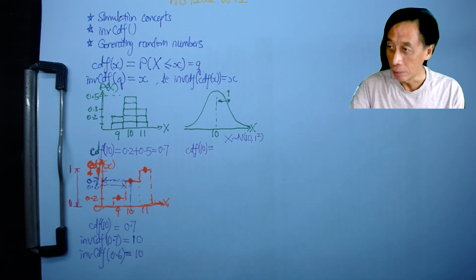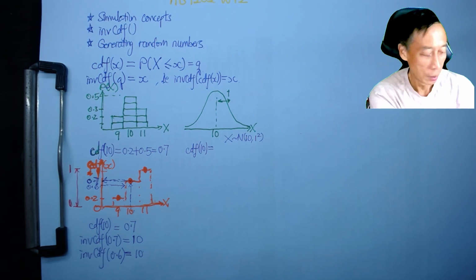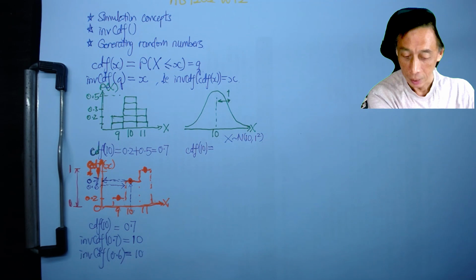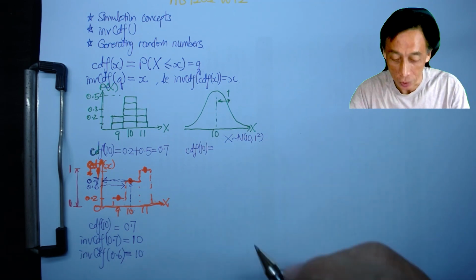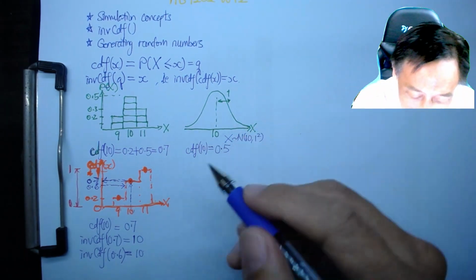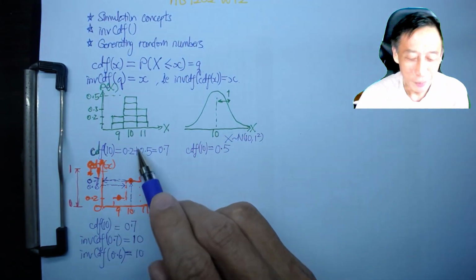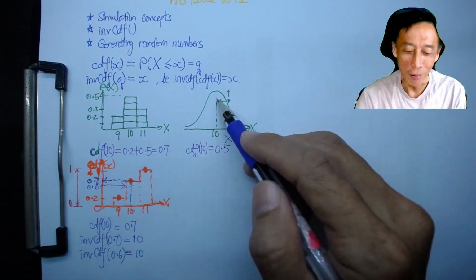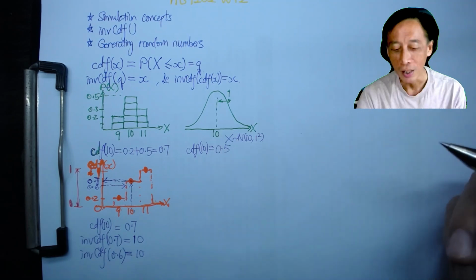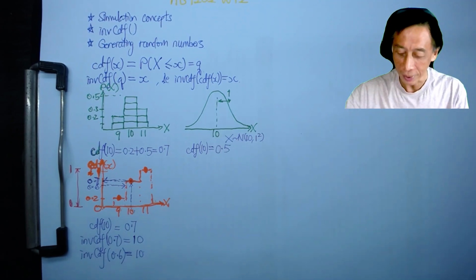The CDF of 10. So in R, you will use pnorm, so the mean is 10. And of course, you guys have already seen, without calculation, that's half. Just now it wasn't half because there's a bit of a skew, but right now it's right in the middle. So the CDF of 10 is exactly in the middle and it's half. So not surprisingly.